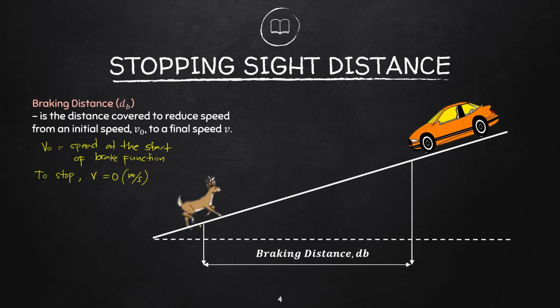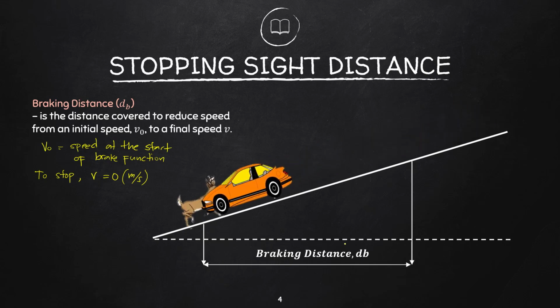So if you will notice here, the obstruction or the object is overlapping in the braking distance. So if the car will start stepping on its brake, the object will be bumped because it has overlapped the braking distance of that vehicle.